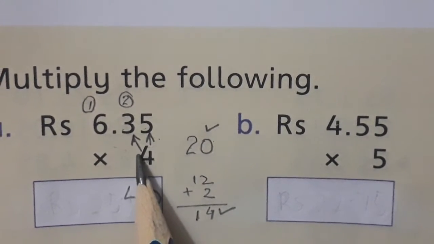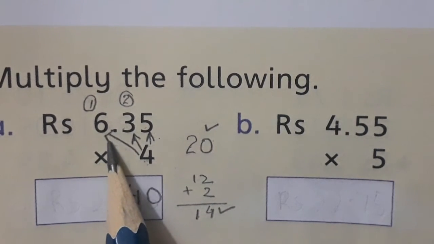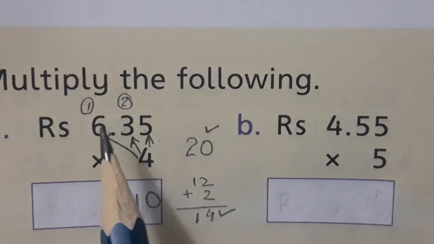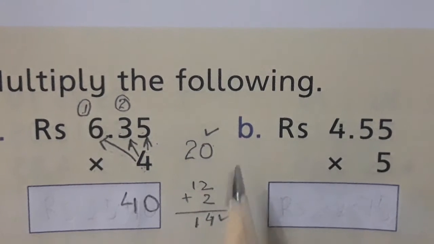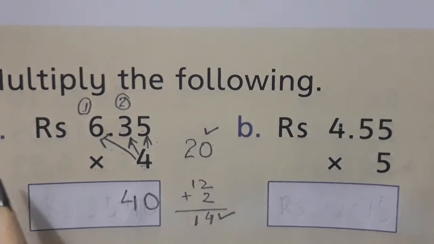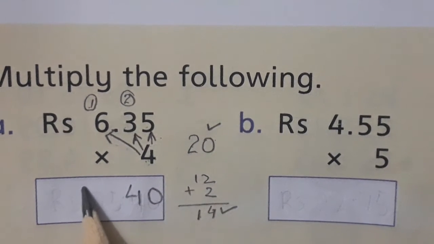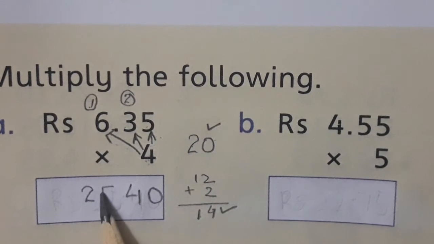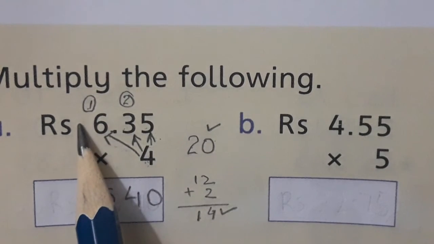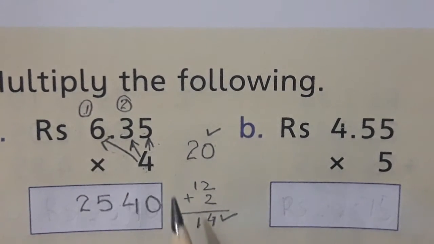Now this number is left, so we will move to this number. 4 sixes are 24. 24 and 1 is equal to 25. So we will write the full number over here, because there is no other number to carry.